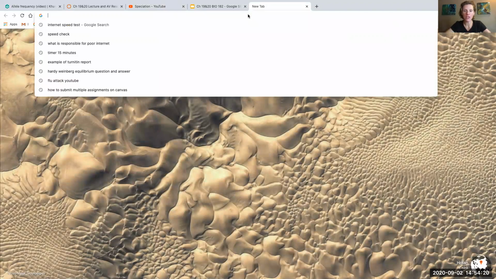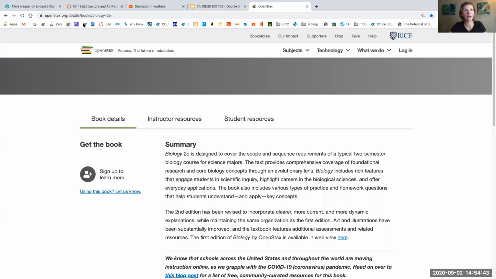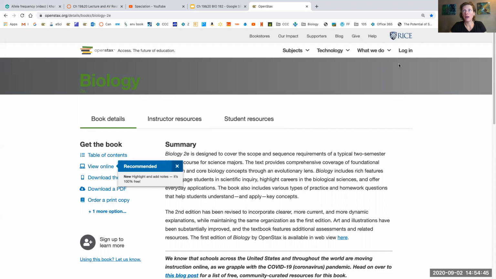Khan Academy, I mentioned for the Hardy-Weinberg. Also for the Hardy-Weinberg, one thing that I was going to go over in lecture, so for the Hardy-Weinberg equation to be accurate and applied, there are requirements. So if we look at requirements for Hardy-Weinberg equilibrium, I'm going to search for that.